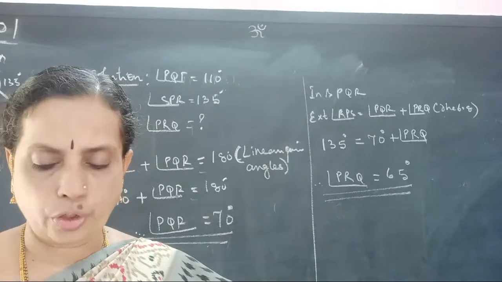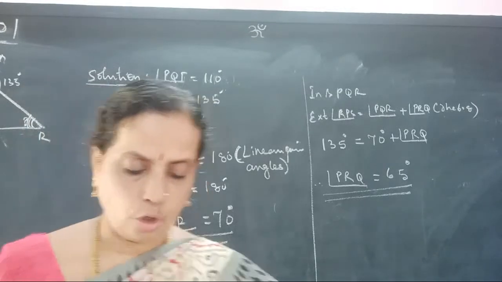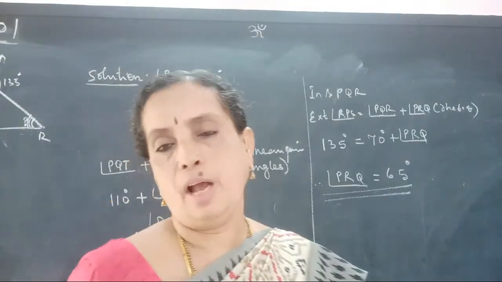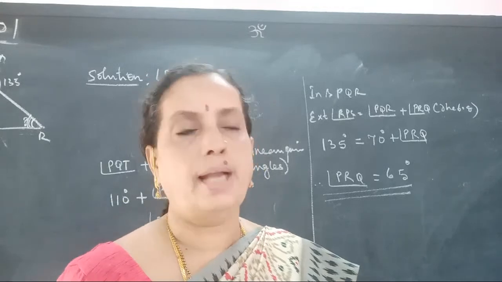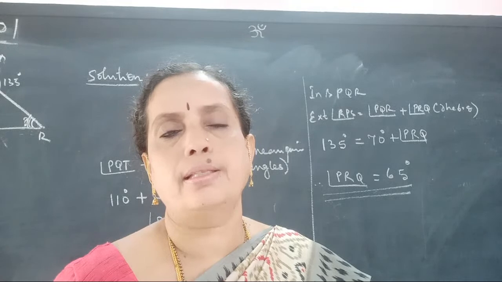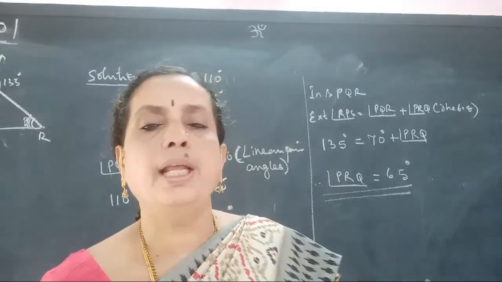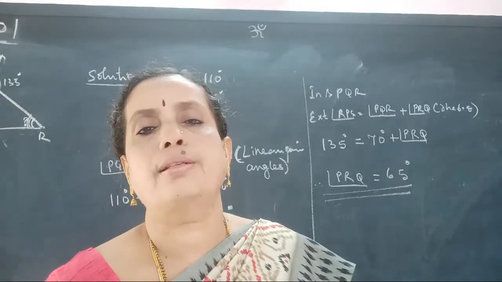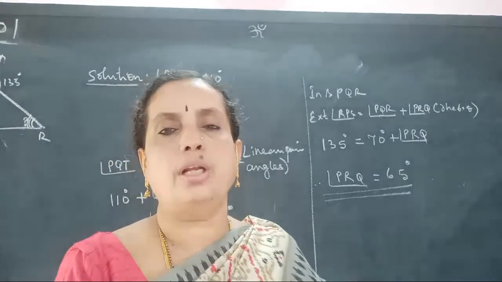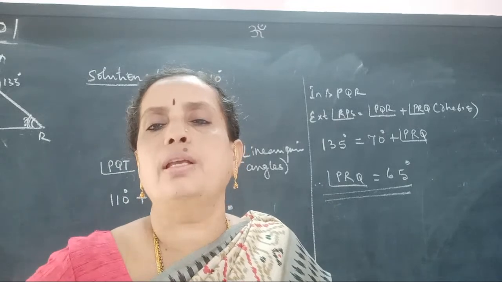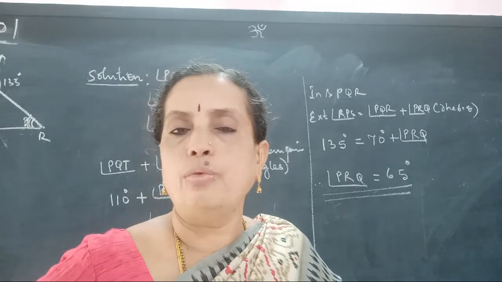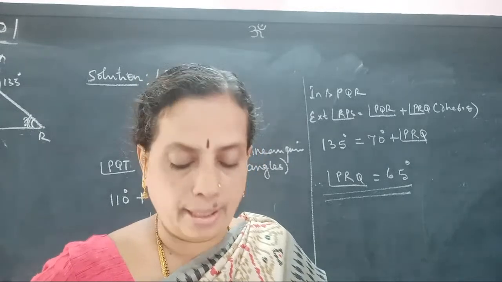Shall I move to the next question now? Question number 5. This we discussed, and we have proved also, that the angle formed between the bisectors of the base angles is equal to 90 degree plus half of its vertex angle. Yesterday we proved in the last question, angle BOC equals 90 degree plus half of angle A, where OB and OC are the bisectors.